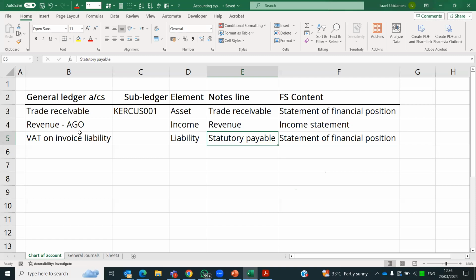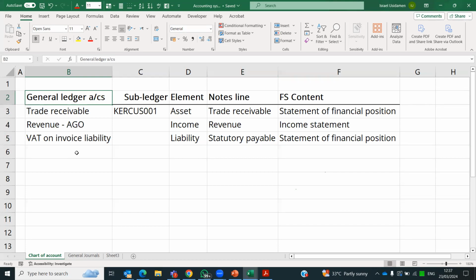Two broad types of income: revenue and other income. But under that revenue, there's revenue from AGO for this company. There's revenue from DPK. There's revenue from PMS. Different types of revenue. So by the time we start giving them specific names within each bucket, then we are talking about general ledger accounts.